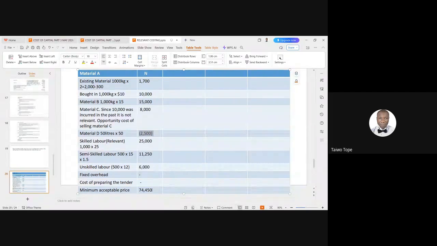You can decide not to include it, but for mathematics purpose and for the examiner's purpose to understand that you understand the concept, you have to show it as a reduction in the cost, because instead of you spending 2.5, you won't spend the 2.5. You will rather save it. So this is another approach, another point they can come. And it's very important you understand this.